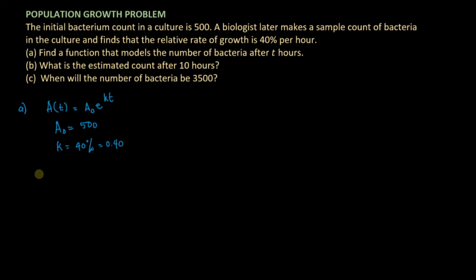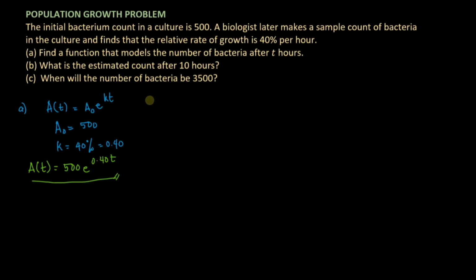Therefore, the model that will represent the number of bacteria after t hours will be A of t equals 500 e raised to 0.40 times time. So this is the answer to letter A.